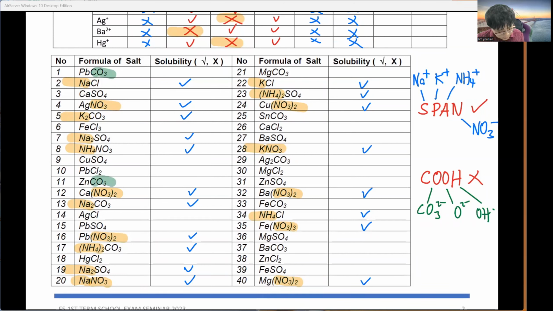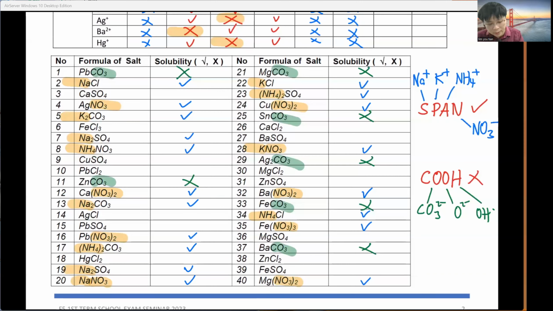Most of that is carbonate, because oxide and hydroxide is not salt. That's why you weren't able to see oxide and hydroxide. But oxide and hydroxide later I will do a lot, because we will need to. So all this carbonate is insoluble. Okay, so this is the insoluble part.